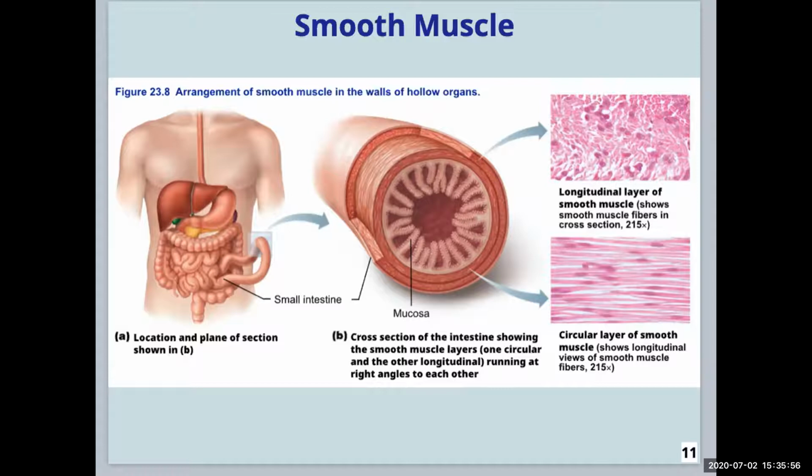Having slower acting smooth muscles is useful for that. And recall that smooth muscles, unlike your skeletal muscles, are under involuntary control.